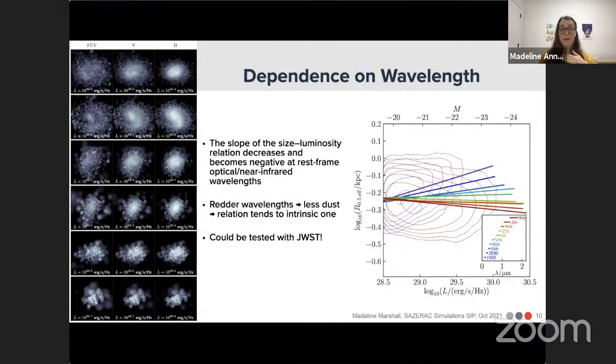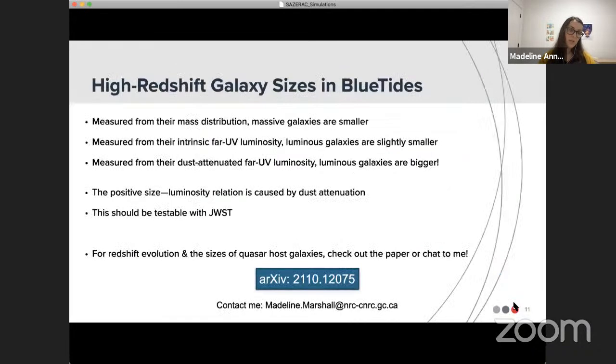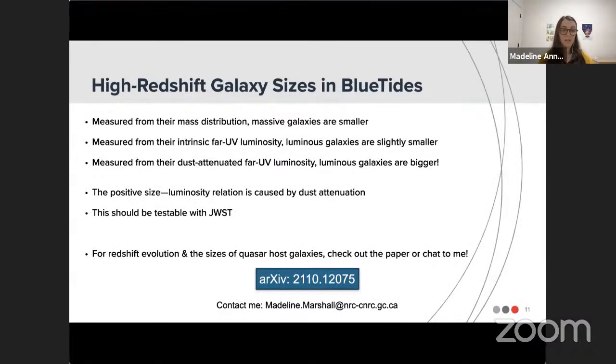And so we might be able to actually start to test this hypothesis of why we see a positive size luminosity relation. So to sum up, if you measure the sizes of galaxies from their mass distribution in the BlueTides simulation, we find that massive galaxies are actually smaller than less massive galaxies.